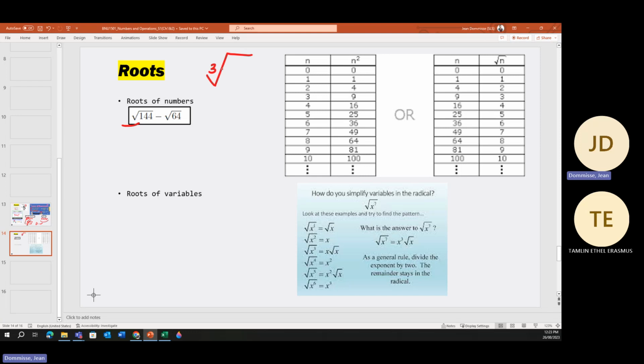But that is how far it will go. The cubic root is, like in this instance, 2 to the power of 3 will give you 8. So if you take the cubic root of that, your final answer will just be equal to 2.